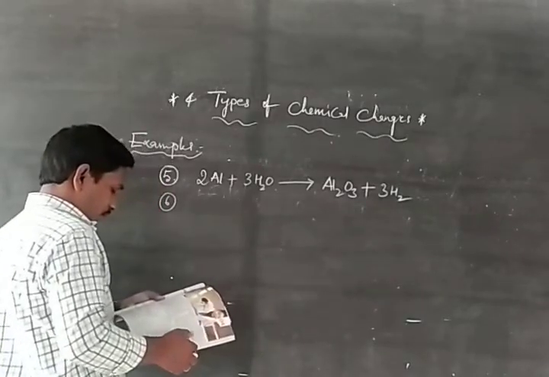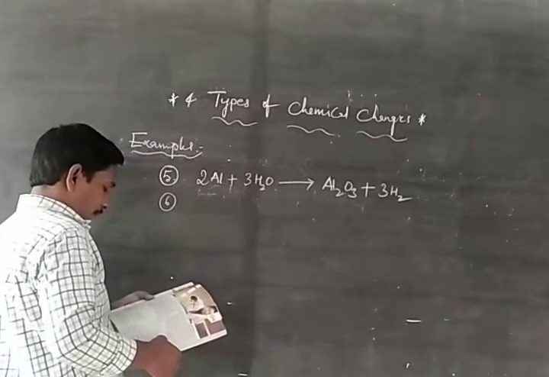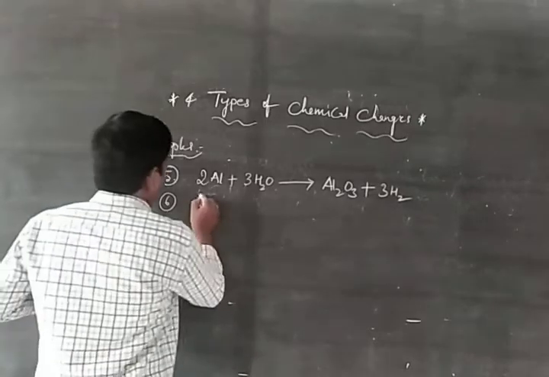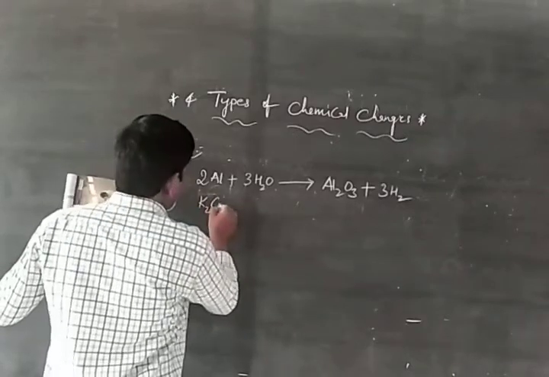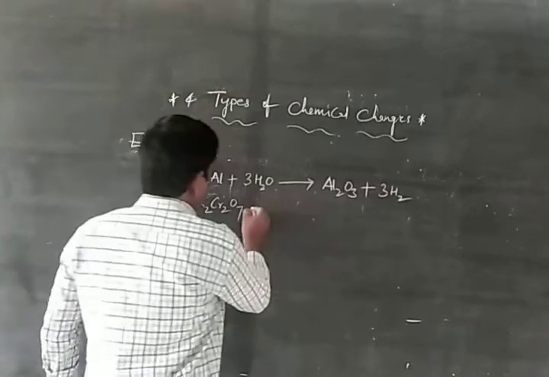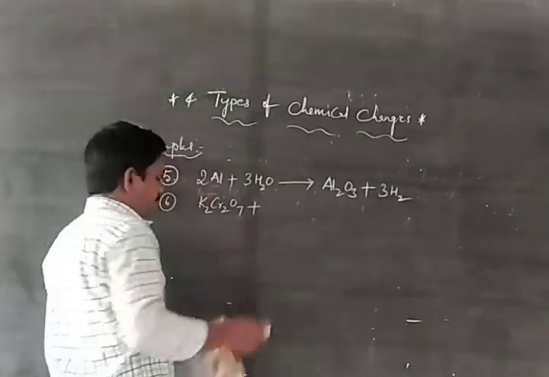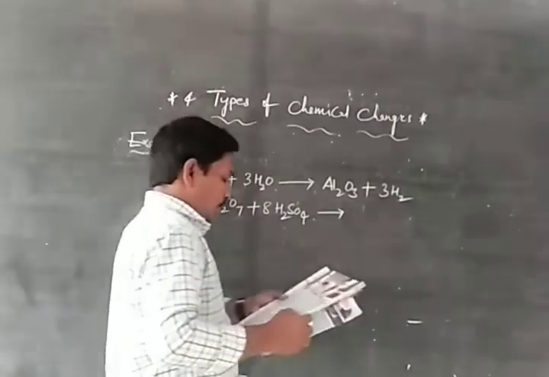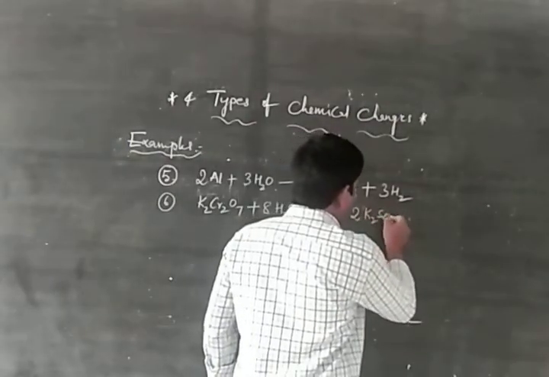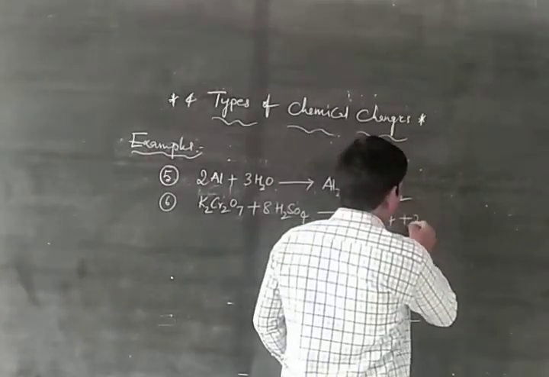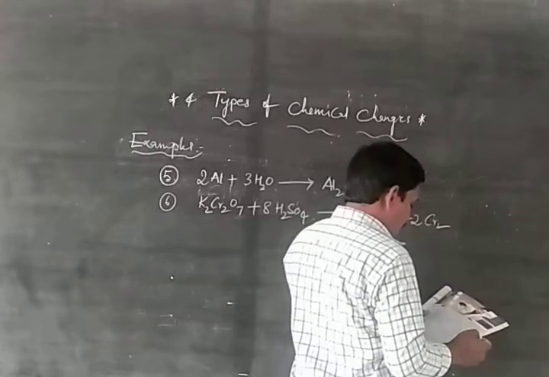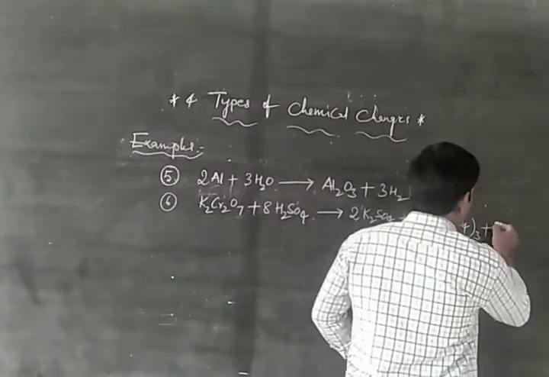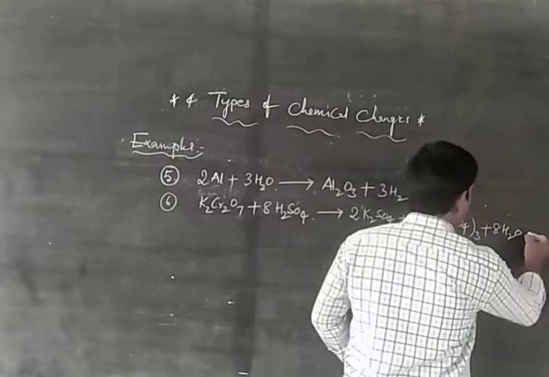CuSO4. K2Cr2O7 plus 8 H2SO4 gives rise to 2K2SO4 potassium sulfate plus 2Cr2 SO4 thrice plus H2O plus 3O2.